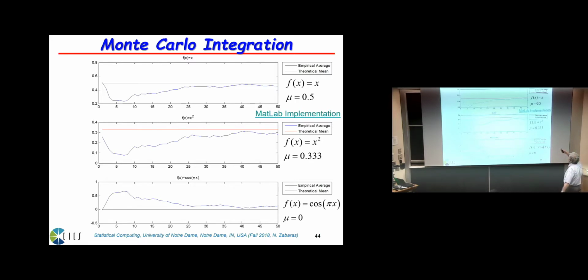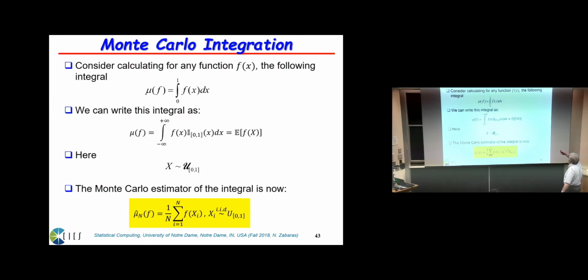So let me ask you the following thing. Don't read what it says here. If I give you an integral of f of x dx, and I tell you to compute it, and also compute the error with Monte Carlo, what will you do? I give you a function, and I say, find me the integral of f of x dx. There's no probability or anything.